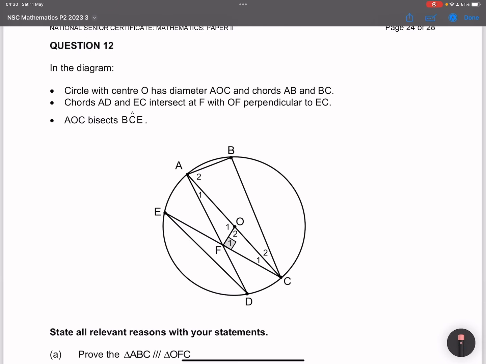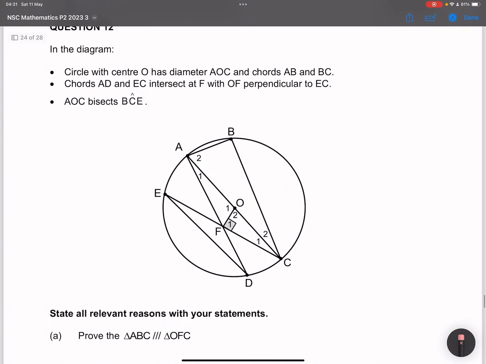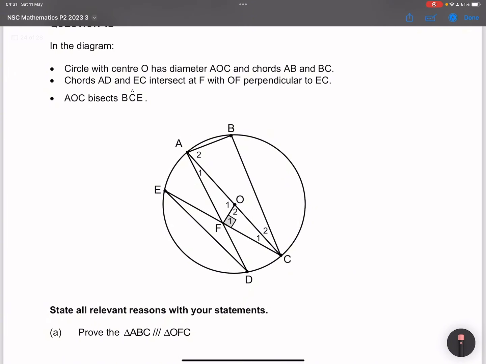Let's look at question 12. They say circles with center O, with a diameter AOC and chords AB and BC. Now they say the chords AD and ED and EC intersect at F with OC perpendicular to EC. Firstly, let's look at a few things.